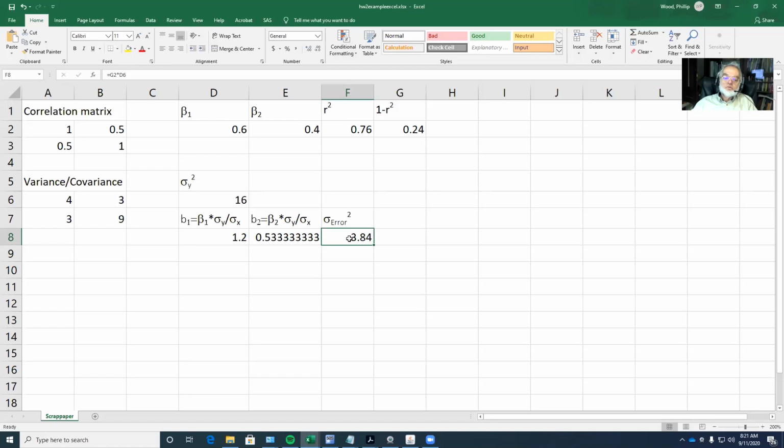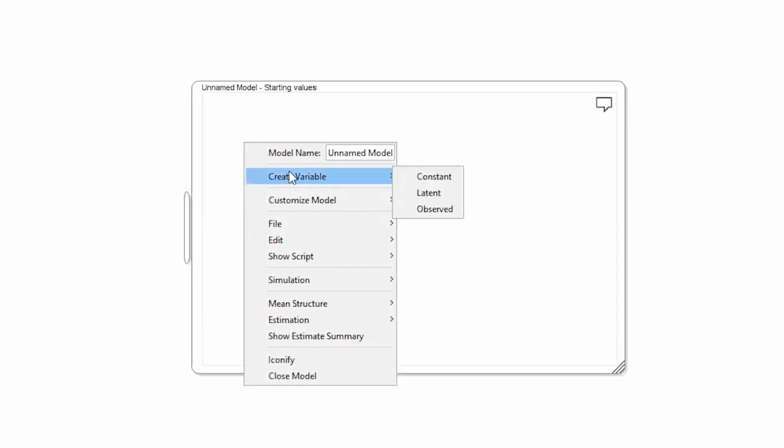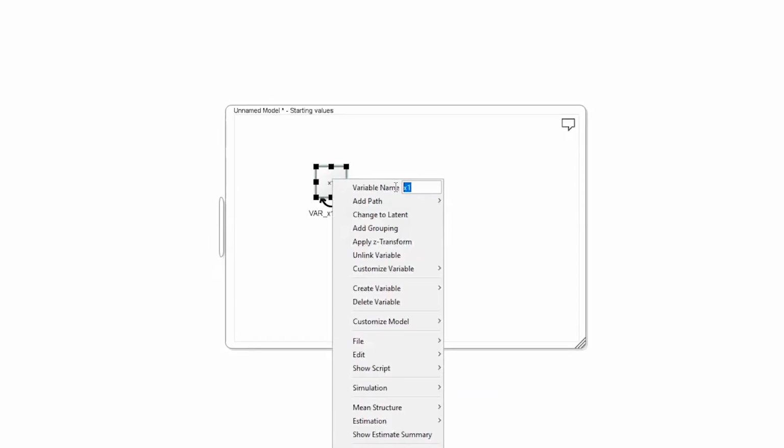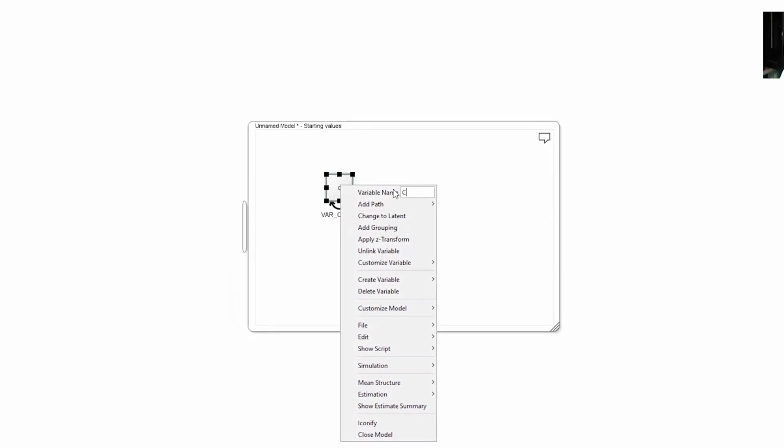Well, now I'm at a stage where I can draw a path diagram that corresponds to all of the unstandardized coefficients. So we go into Onyx, and we're going to make a new empty model. I'm going to move that to here in the middle, and I'm going to start drawing things. I'm going to make an observed variable here, and for the purposes of keeping things straight, let's call that the critical thinking measure.